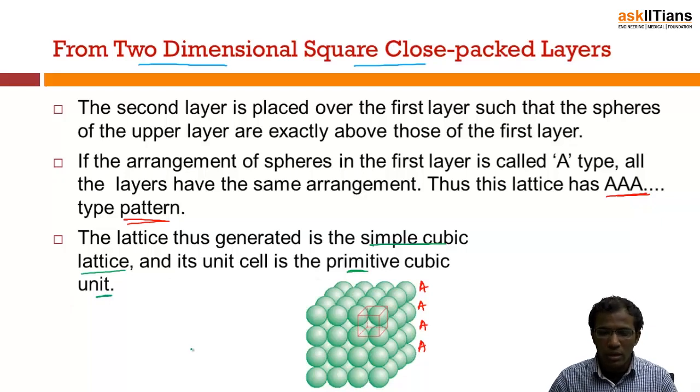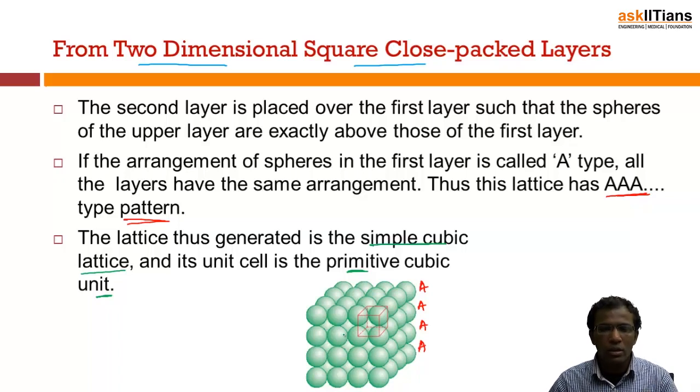If you join the corners of these 8 spheres, you will get a primitive cubic unit cell. So this is one type of 3D close packing, the simplest 3D packing, but less efficient.